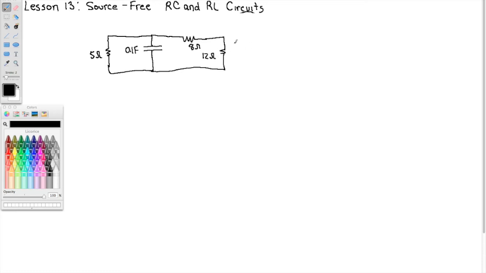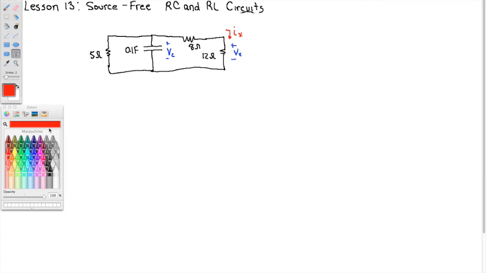And let's call this voltage here Vx. And let's call this voltage, of course, Vc. And we'll call this current Ix.